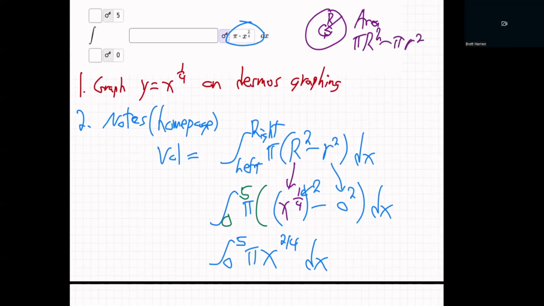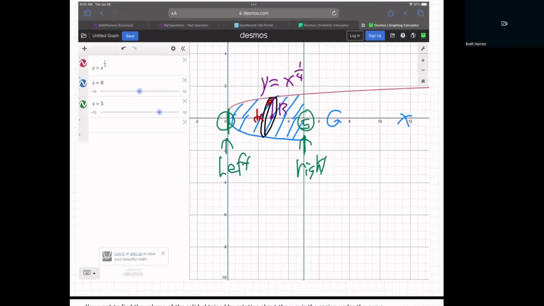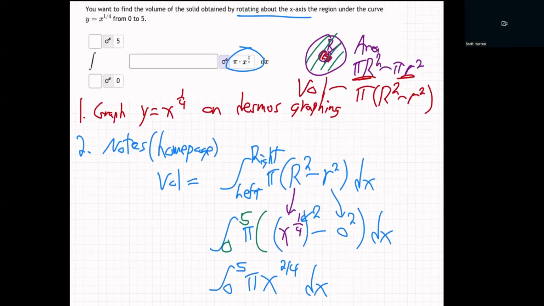Because you've got the outer radius and then subtract the inner radius, outer minus inner. So that's pi times capital R squared minus little r squared. That's where it comes from, times the thickness. And what's the thickness? Well, you can see on the diagram, the thickness here is dx. That's how thick it is. So the volume will equal that times dx. It's the flat area of the washer times the thickness. That's why that formula is true. That's the volume formula for the washers. And so there we go.